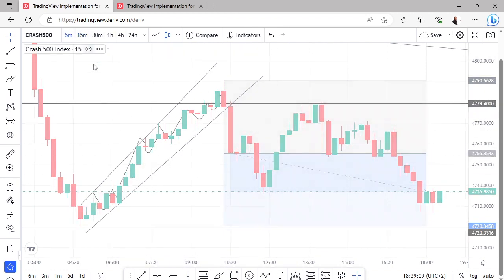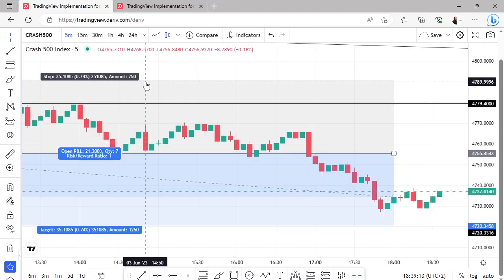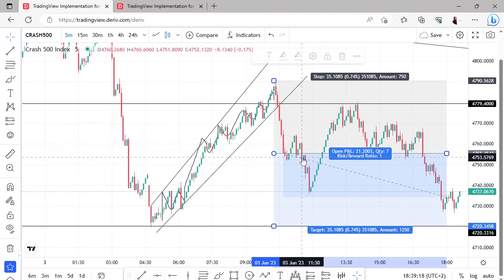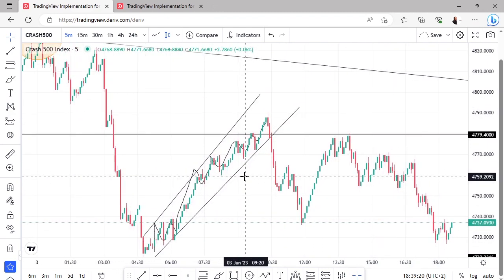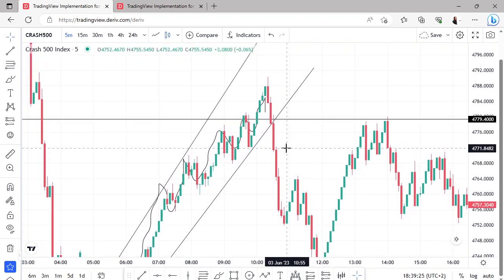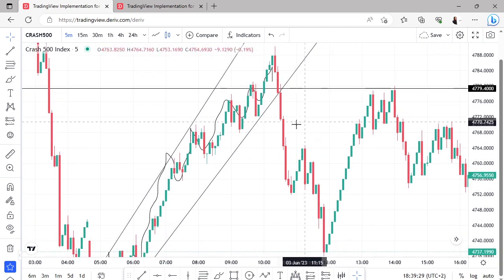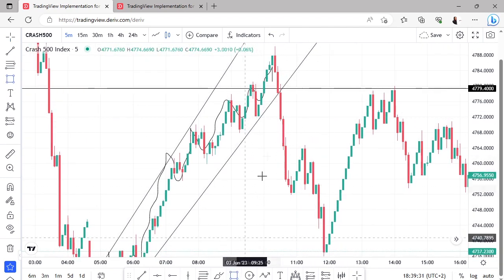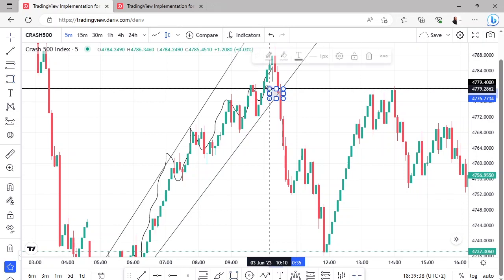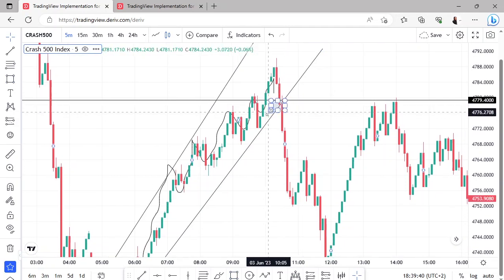So let's go to our 5-minute chart. For entry, remember, we get it from the 5-minute chart. So overall, on our 15-minute, we would have got a late entry. Our entry would have been here, this level here. The minute the market broke both, not only the trend line, but also what?